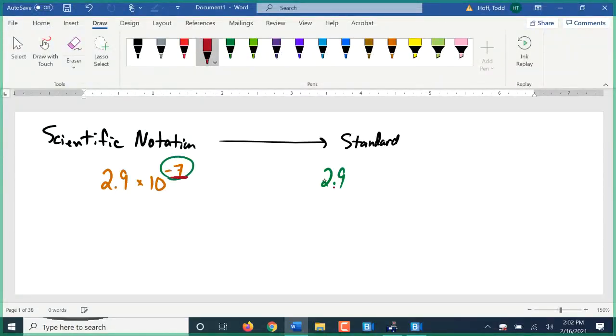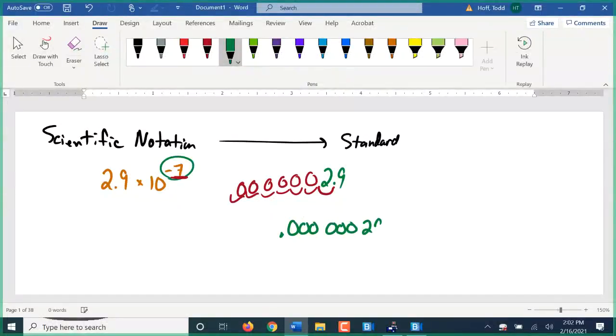So we start there, we go 1. Now to keep going, we have to add zeros. So we go 2, 3, 4, 5, 6, 7. 0.0000029 is what that number comes out to be.